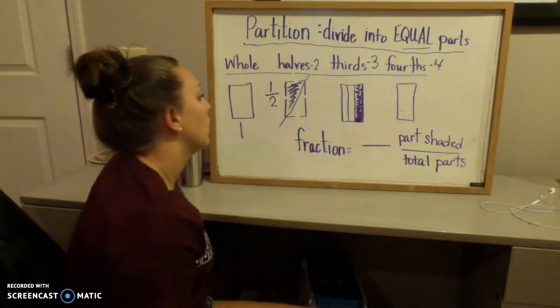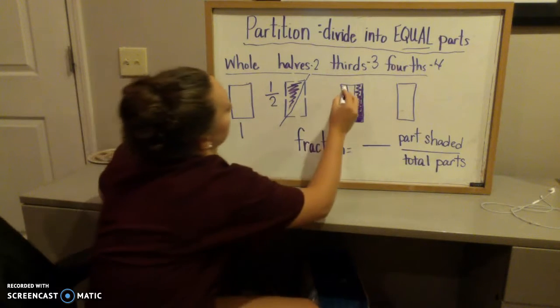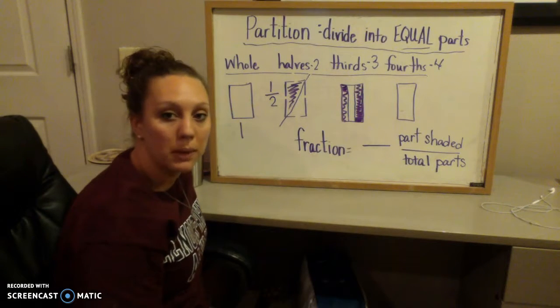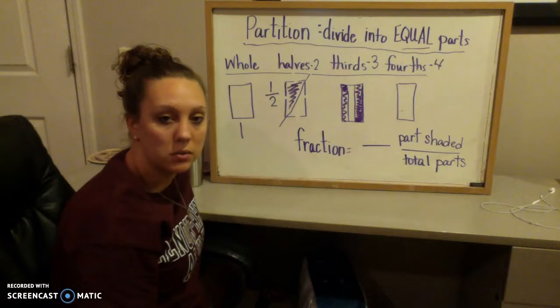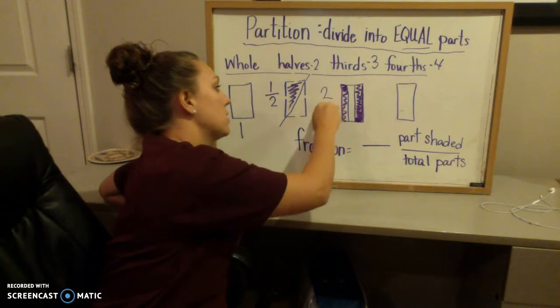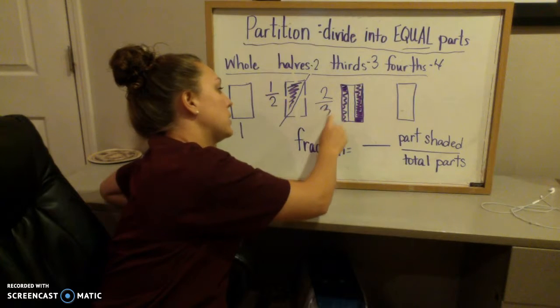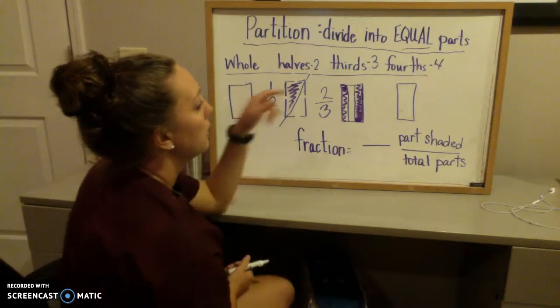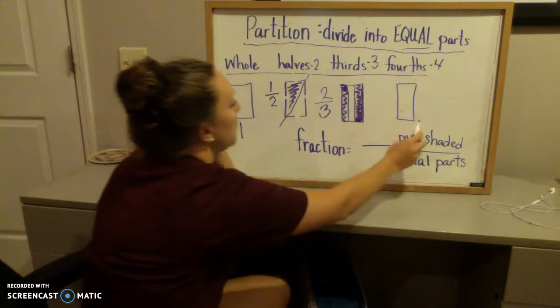So for this one, my fraction would be 2/3. So how would I write 2/3? Well, 2 parts are shaded. There are 3 total parts. 2/3.